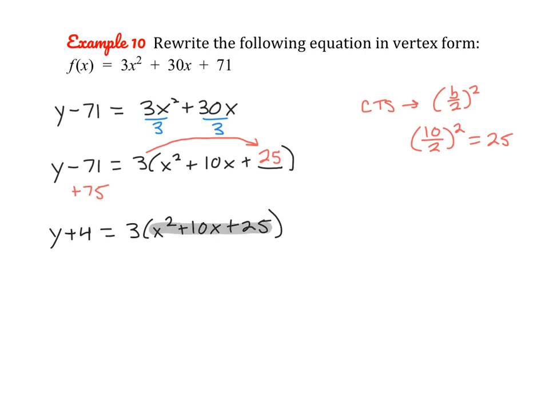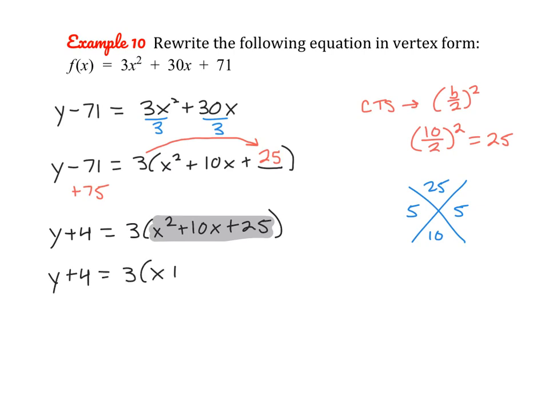And now this we need to factor. Again, we can use magic x, but it should always be a binomial squared. So what two numbers multiply to make 25 and add to make 10? 5 and 5. So we can write this as 3 times x plus 5 squared.